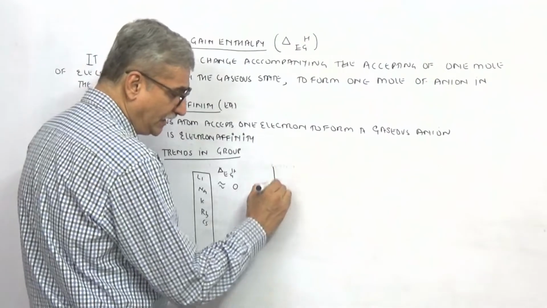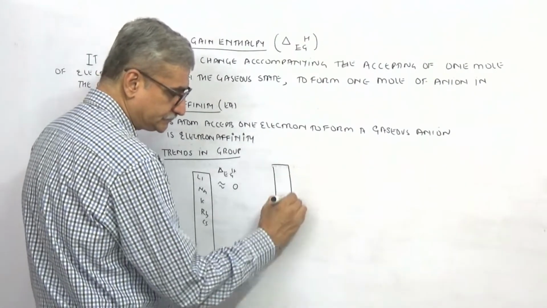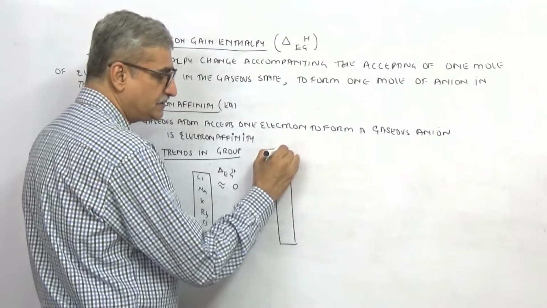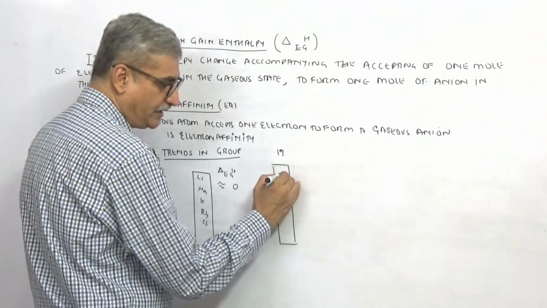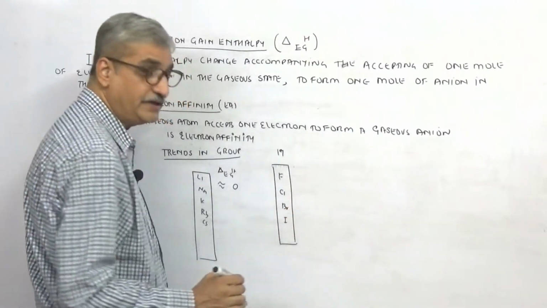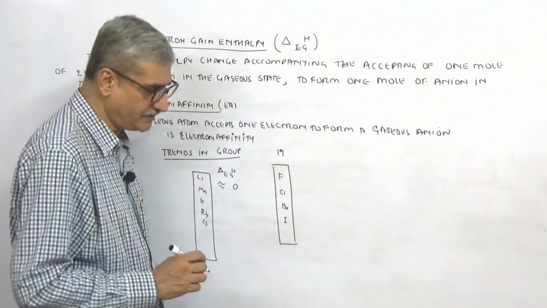But when we look at halogens, the 17th group, we have fluorine, chlorine, bromine, iodine and astatine. Astatine is again a radioactive element.